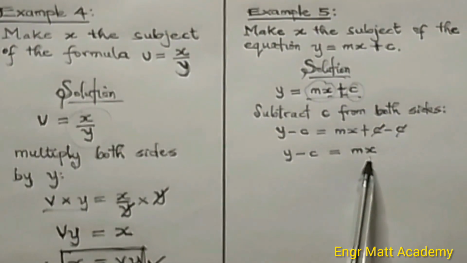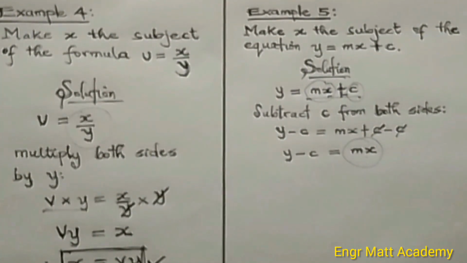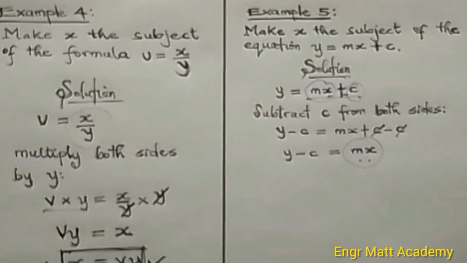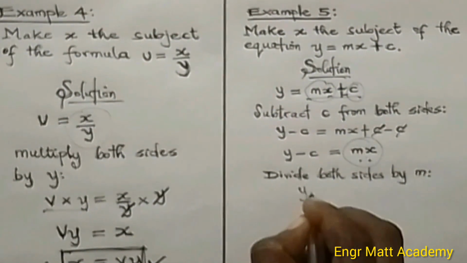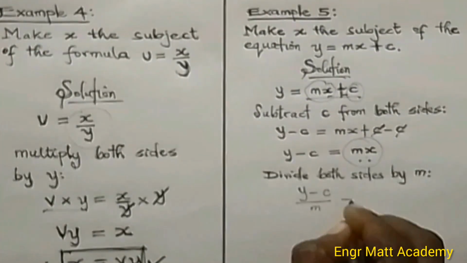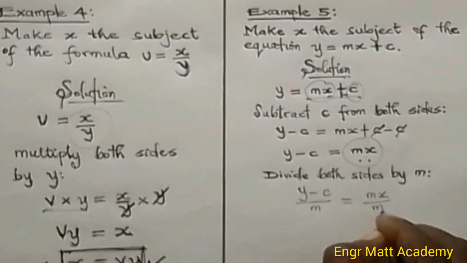x is not yet standing alone. So we will still reverse this operation. Remember, now multiplication is here. And to reverse it, we divide. So we say divide both sides by m. To do that, we get y minus c divided by m on this side and mx divided by m on this side.